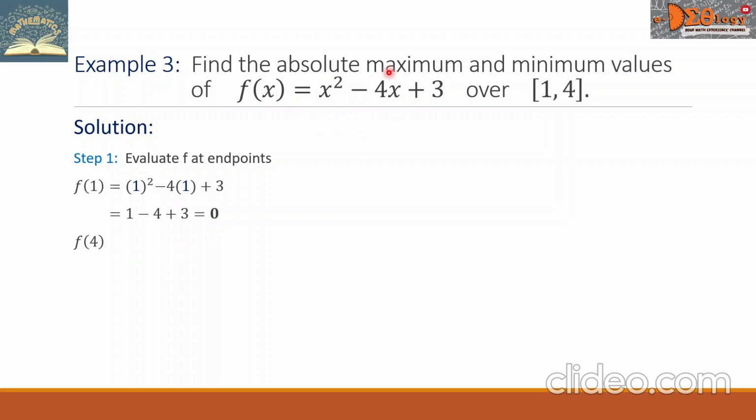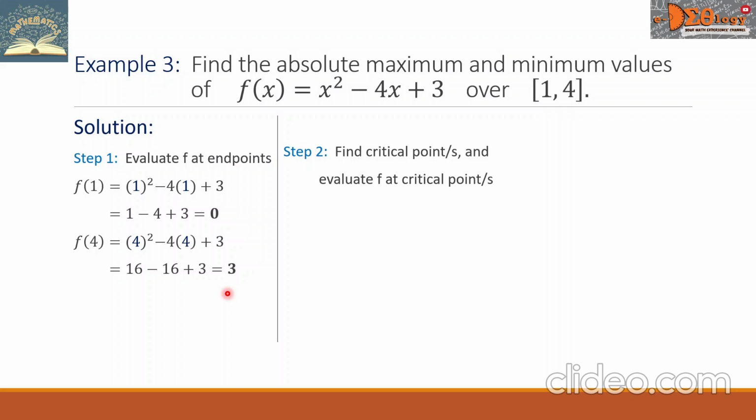We evaluate this function with 4. So we have 4 squared minus 4 times 4 plus 3. 4 squared is 16 minus 4 times 4, that is 16 also. Then plus 3. 16 minus 16 is 0 and plus 3 equals 3.